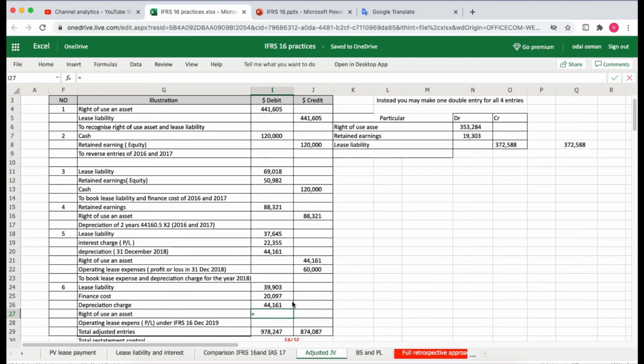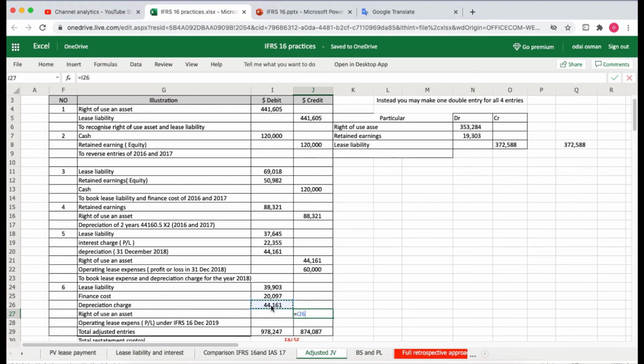The same amount of the depreciation, because we depreciate the right of use amount, equal to the depreciation.